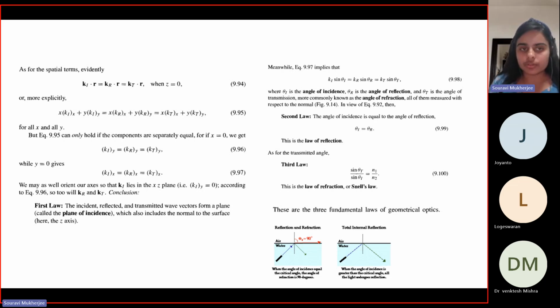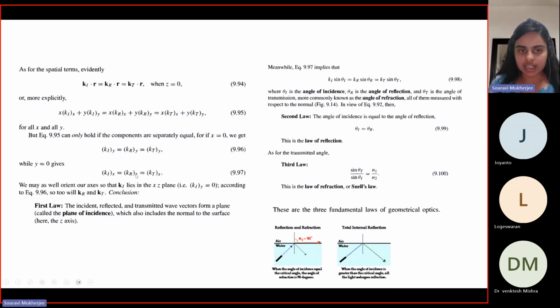So what we are currently doing is seeing that, based on Maxwell's relations, if we use them in wave propagation, we finally get to the same geometrical optics laws that we had initially studied. Now, k1x is nothing but the component of k along x.